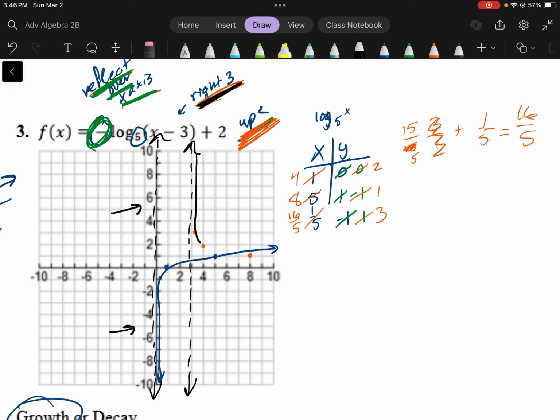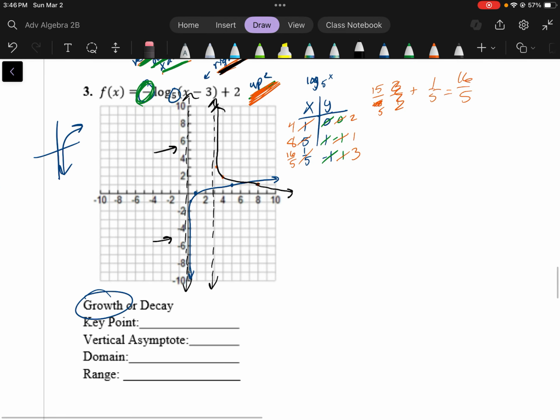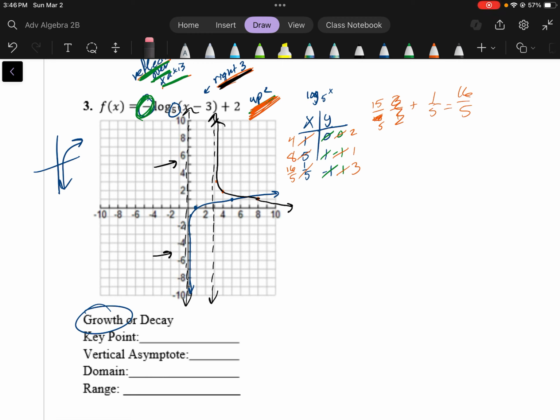And we reflect it over the x-axis. So it went from an exponential growth problem and then became an exponential decay. So when I circled this a minute ago, it was true, but our graph actually looks the opposite, which is kind of interesting.